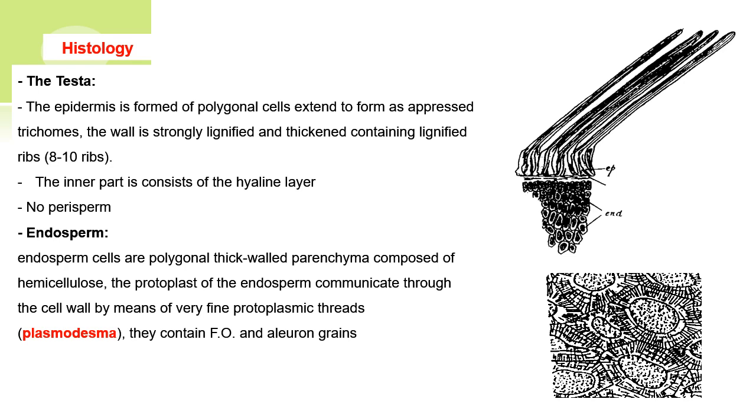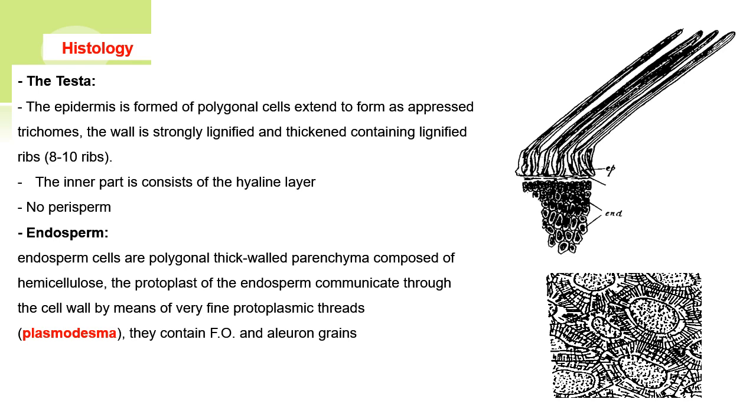Following the epidermis, there is a hyaline or nutritive collapsed layer. The endosperm is formed of polygonal, thick-walled parenchyma composed of hemicellulose. The walls of the endosperm cells consist of hemicellulose instead of cellulose as in the previous seeds.